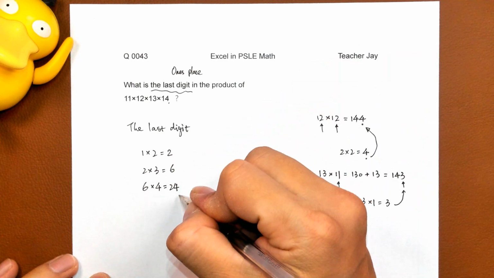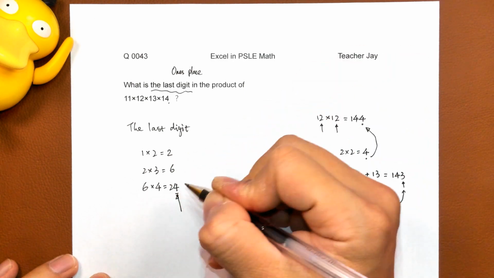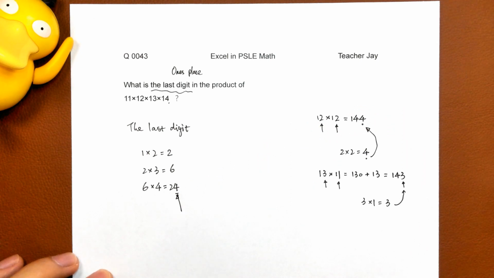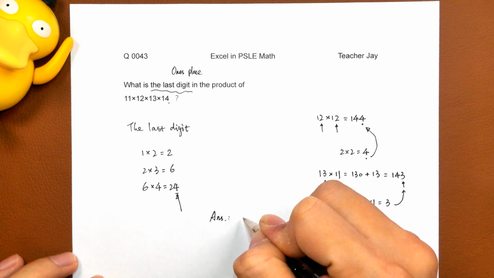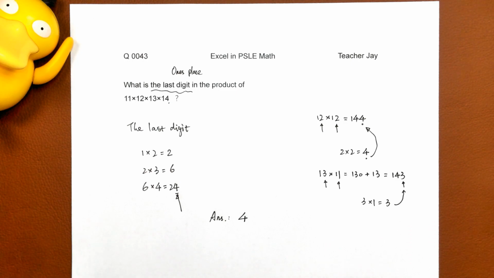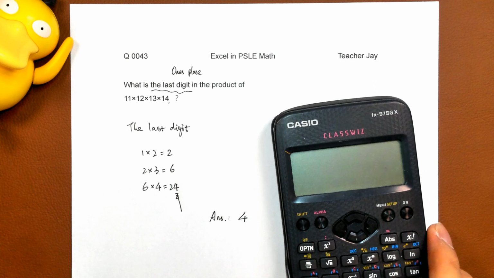And we find the last digit of the product, which is 4. The answer is 4. OK? 有的同学可能会觉得OK, 真的是这样子吗 OK, 我们来 check.